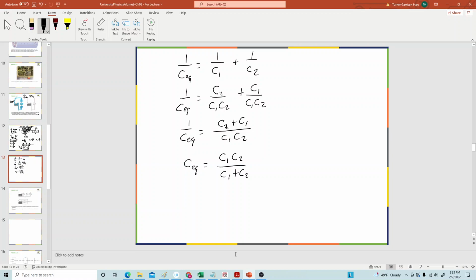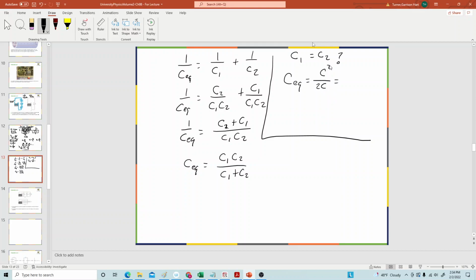But just as a few examples, okay, what happens when the individual capacitors are equal? Well, in that case, the equivalent capacitance is going to be, if these are equal, I can drop the subscripts, and I just have C squared over 2C.